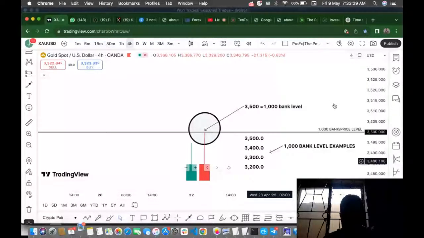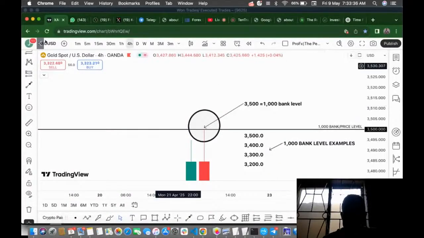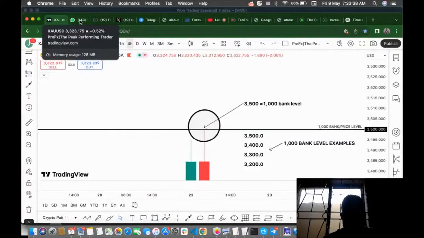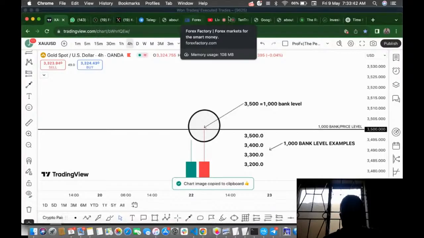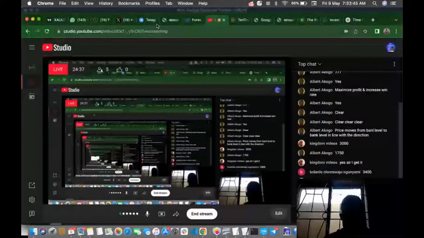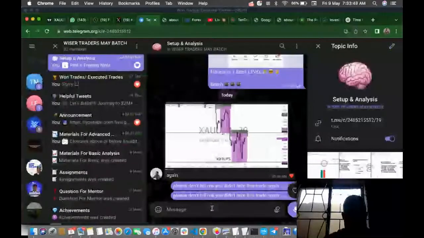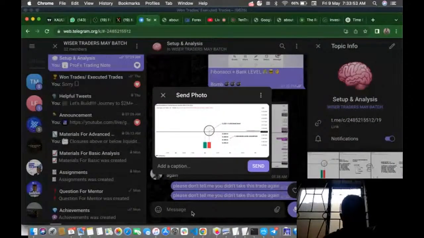Is this clear? What I'm teaching you guys, if you apply this, oh god. If I apply this, just see it working like magic.